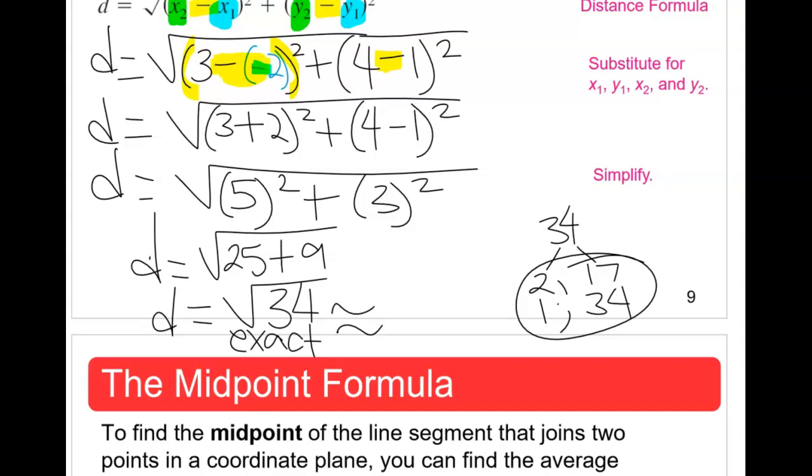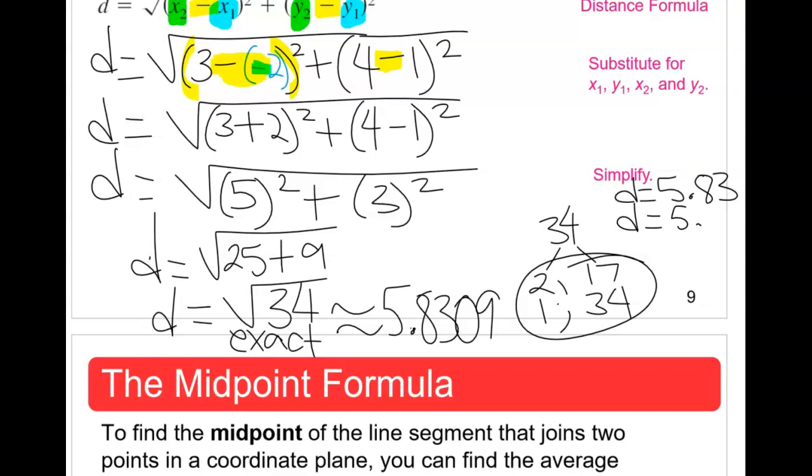I get 5.83, and there are more numbers after that, 0, 9, and more digits. So for example, if the question says round to the nearest hundredth, the answer will be 5.83. If it says round to the nearest tenth, it will be 5.8.